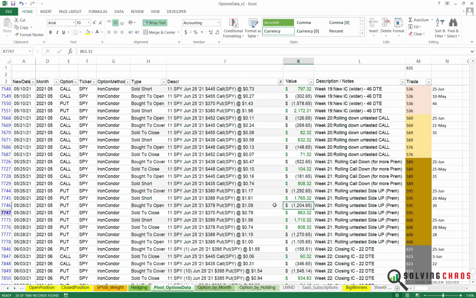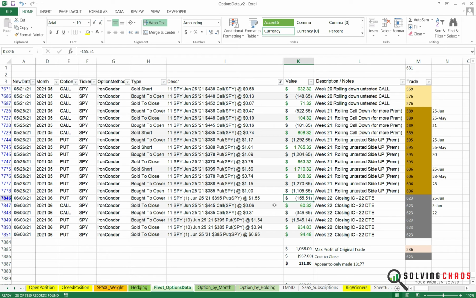What did I close it at? If you look at this trade, I closed it at minus $957, which is trade number 623. So if you look at the simple math, most people will just look at this number and say, well, you only made $131.